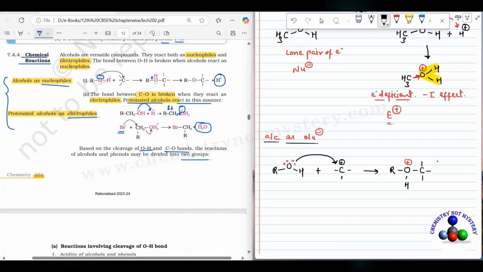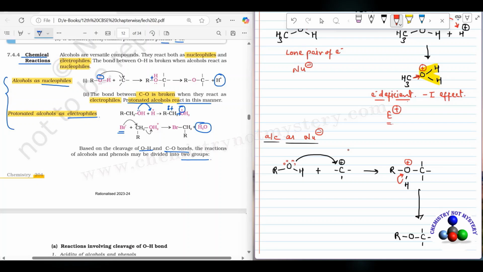Now to neutralize this positive charge, hydrogen leaves the molecule without its pair of electrons. So here you will get the product RO. It is already bonded with an alkyl group which was the carbocation, and now hydrogen has left the molecule in the form of H plus ion. So here you will get H plus ion.